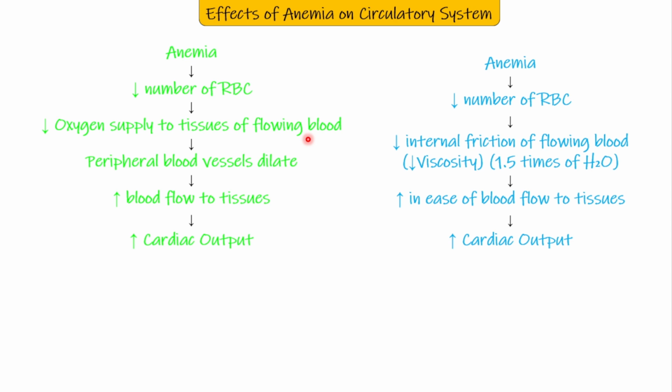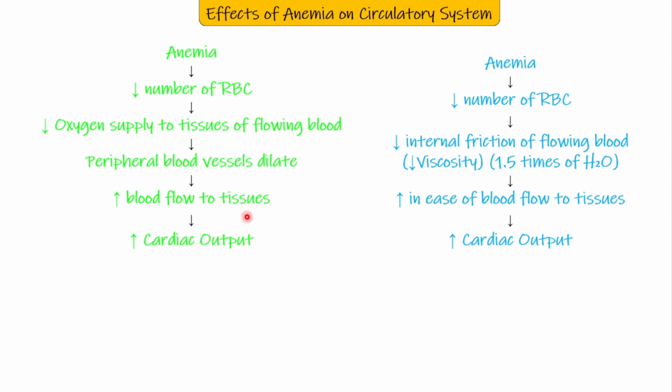to the tissues. Whenever less oxygen is supplied to the tissues, it results in the dilation of peripheral blood vessels in those tissues. And whenever the blood vessels are dilated, it results in increased flow of blood to the tissues.